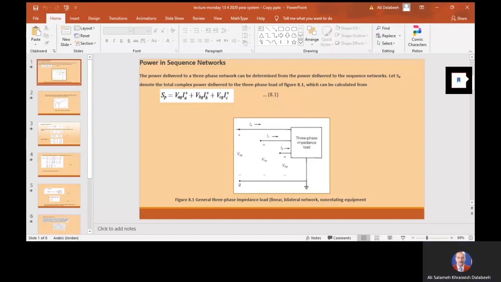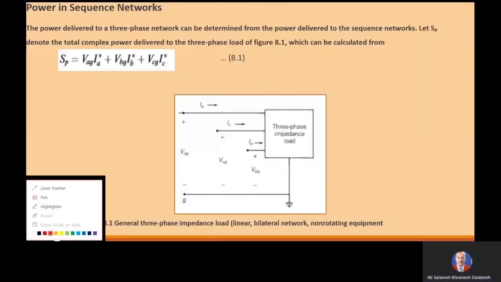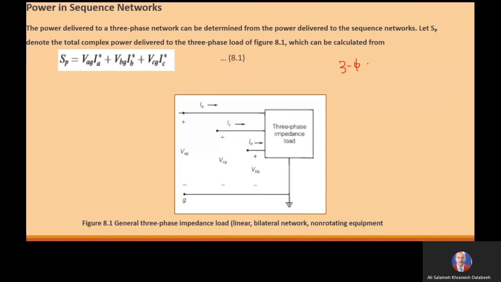Firstly, the three-phase system may be a three-phase load system.